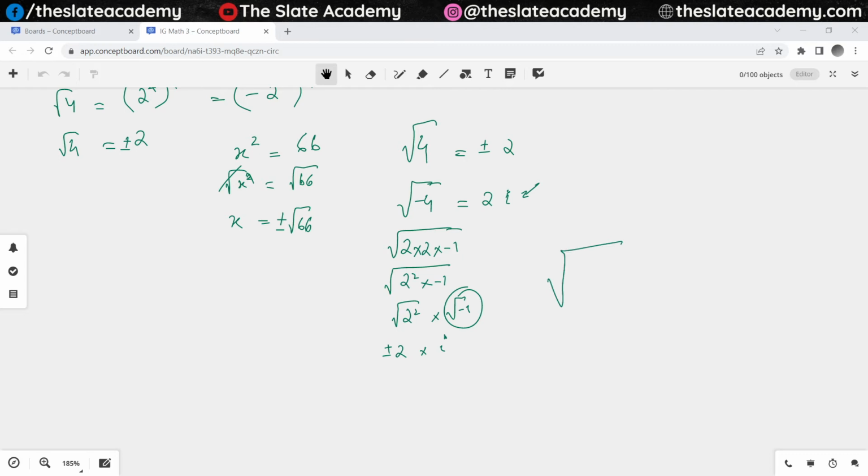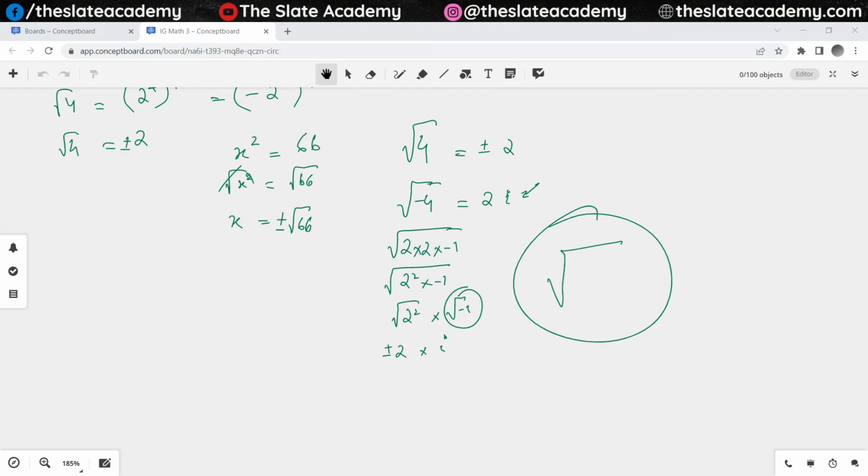And under root, within the under root, you write minus 4, and it gives 2 iota. So that's where the iota comes from.